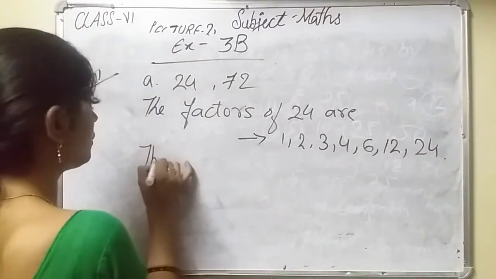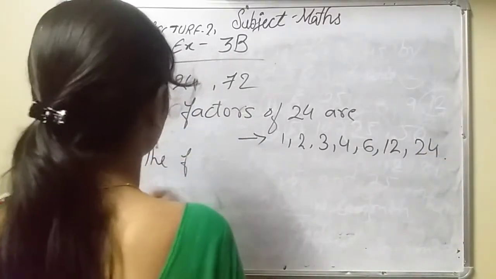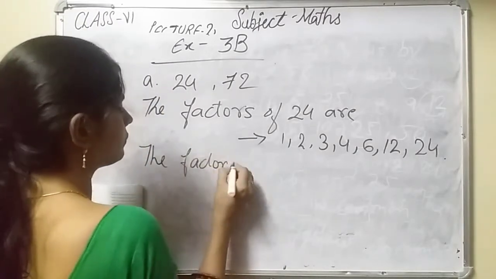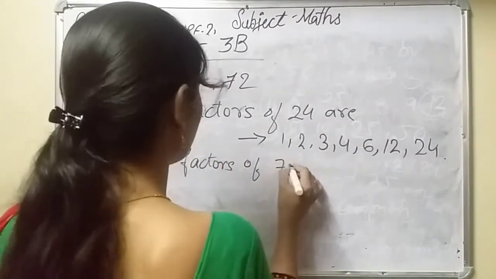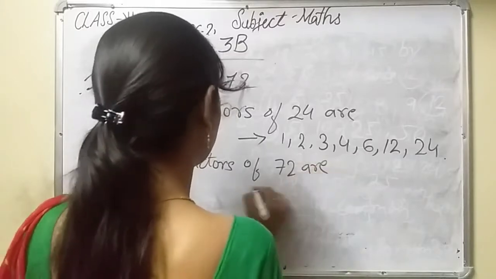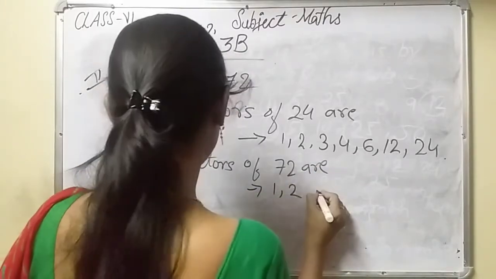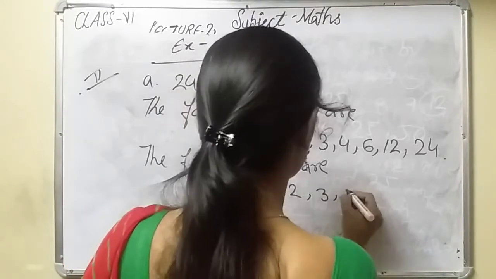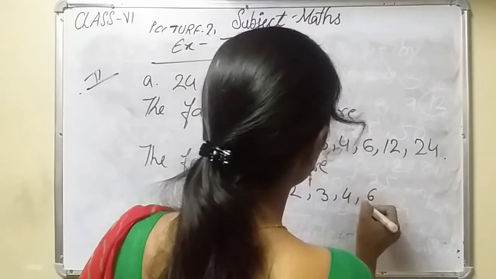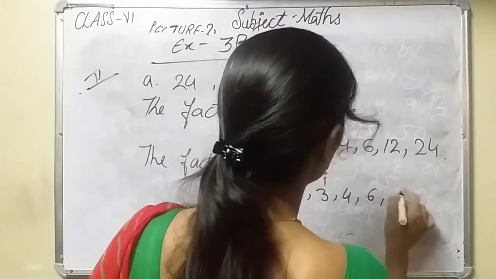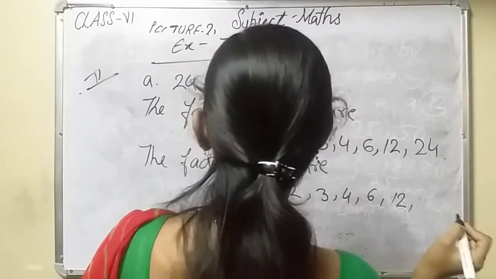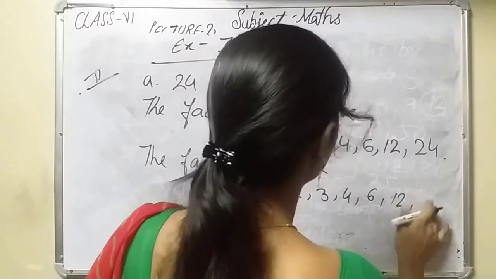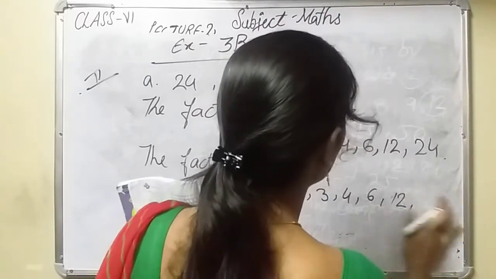The factors of 72 are 1, 2, 3, 4, 6, then 12, 24.